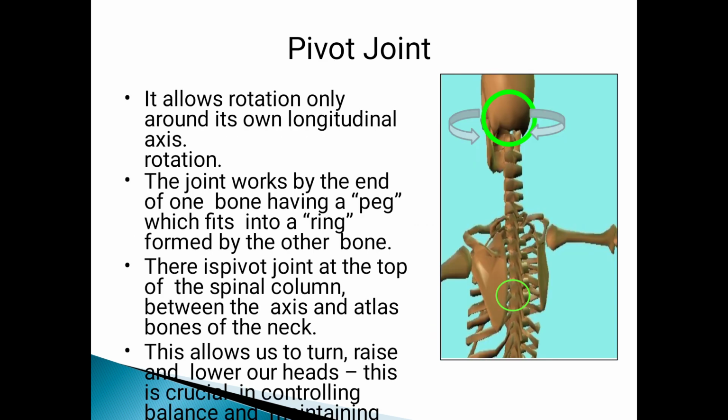Next we have a pivot joint. So it allows rotation only around its own longitudinal axis. That is, rotation around its axis. So the joint works by the end of one bone having a peg which fits into the ring formed by the other bone, as you can see in this diagram.